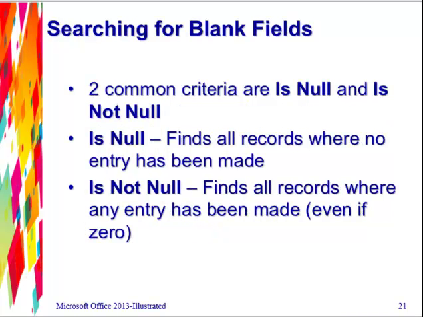Searching for blank fields: if you want it to look for blank fields in your database, you use the common criteria Is Null or Is Not Null. Is Null means it's going to find all records that have no entry or no value in it, and Is Not Null means any record that has a value in it is going to be the ones looked at.